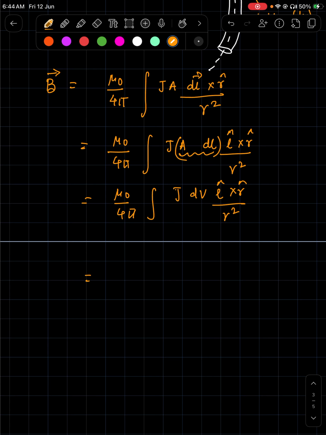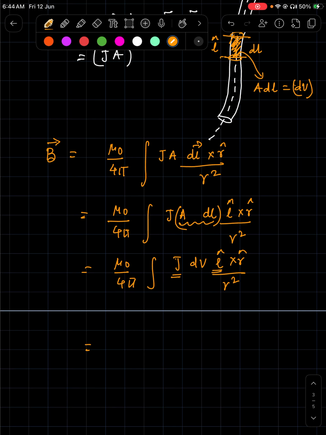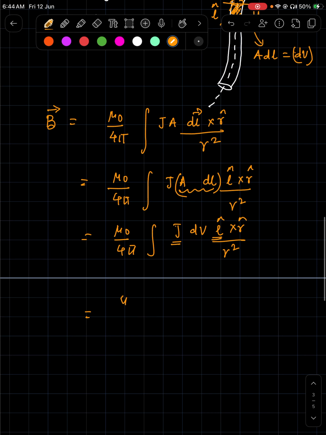Now what we are going to do is multiply J with the l cap. Since dl has the same direction as J along the wire, both have the same unit vector. So J l cap is the J vector, because l cap is the same unit vector along J. So the formula becomes mu naught by 4 pi J vector cross r cap by r square into dV.